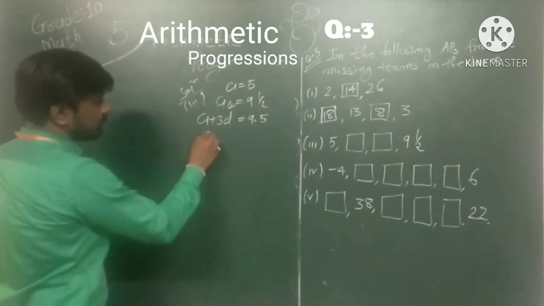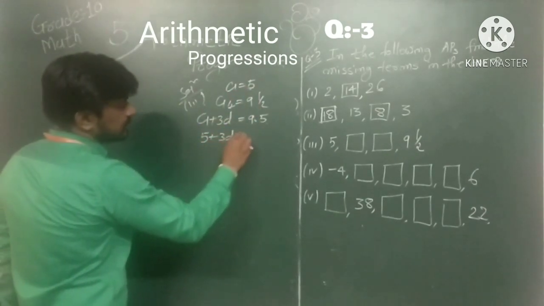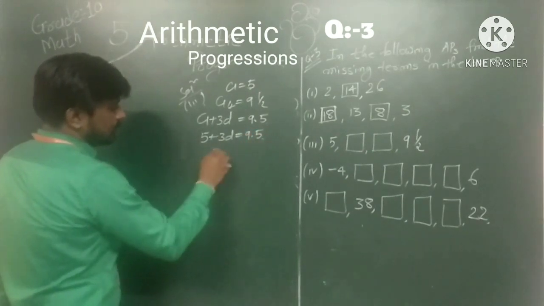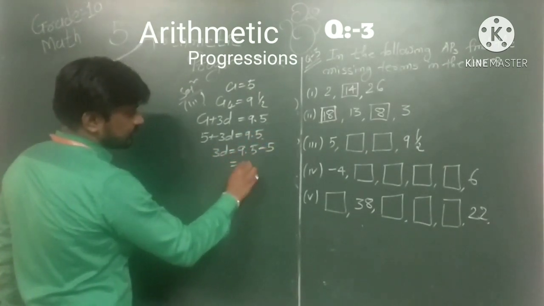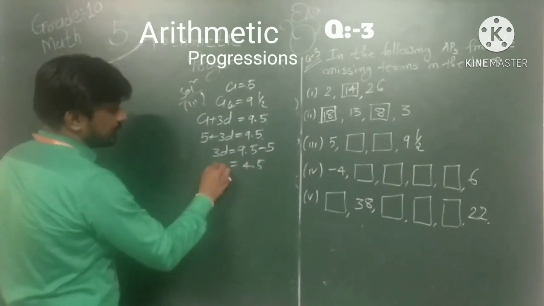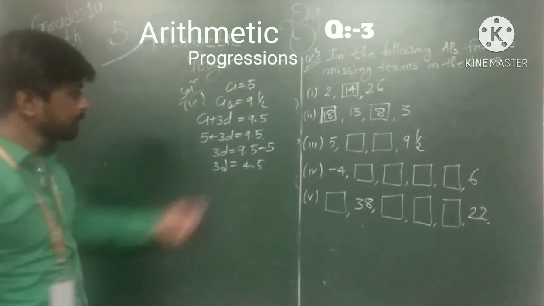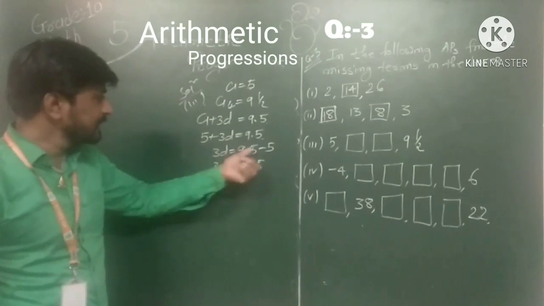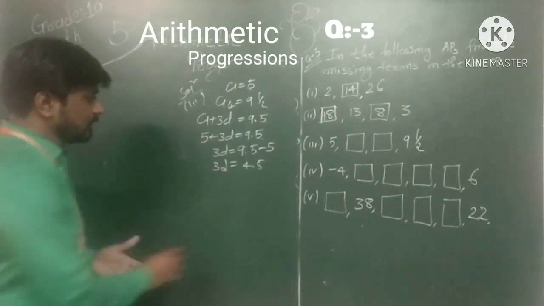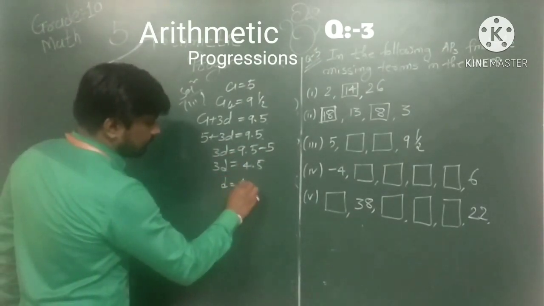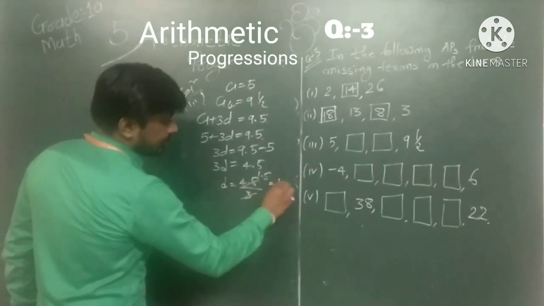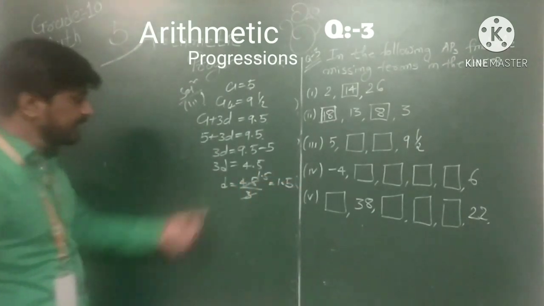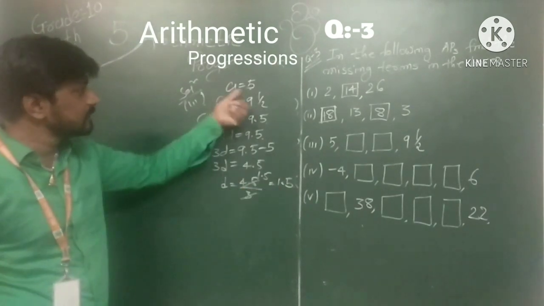Now put A is equal to 5 here. 3D is equal to 9.5 minus 5. That means 4.5. Now D is equal to 4.5 upon 3, that means 1.5. Okay, D is equal to 1.5 and A is equal to 5.